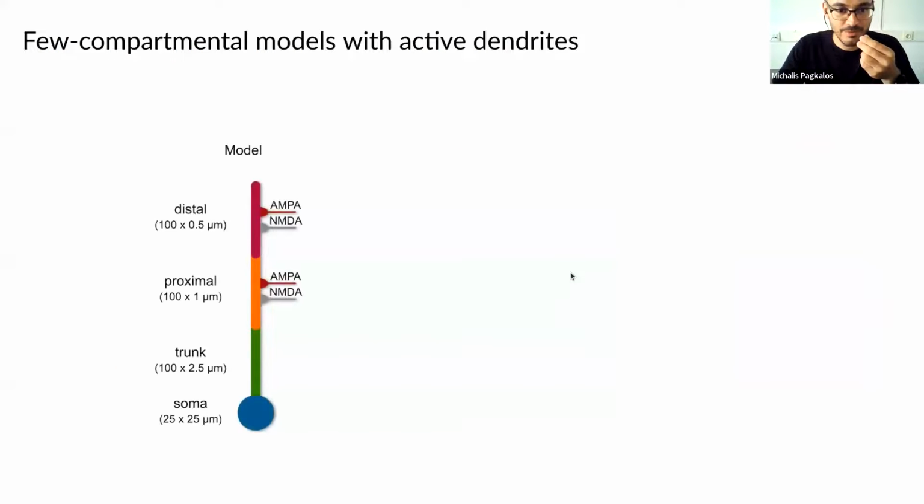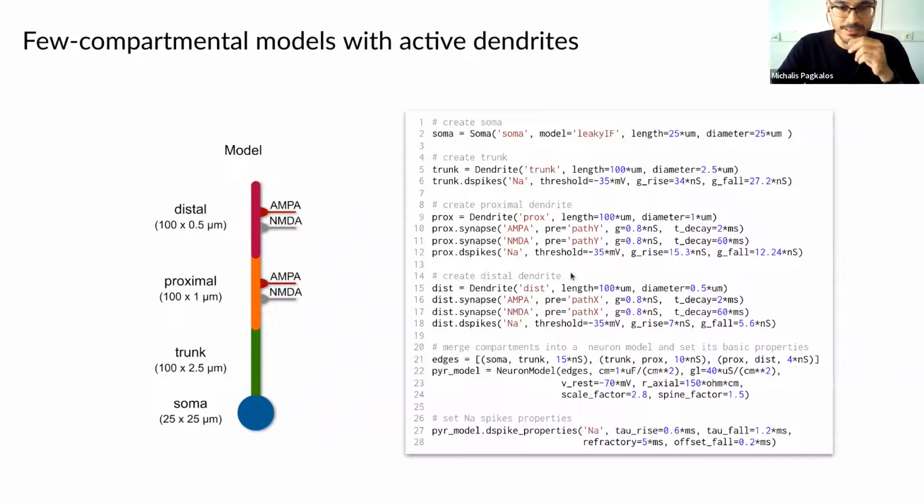So let's see some more complicated examples. Let's say here we want to build a 4-compartment model where there are 2 different streams of information. We have some synapses going to the distal part, some synapses going to the proximal part, and all dendrites can be active. They can have dendritic spikes. Again, we have this approach we discussed earlier. Everything can be triggered with single lines of code.